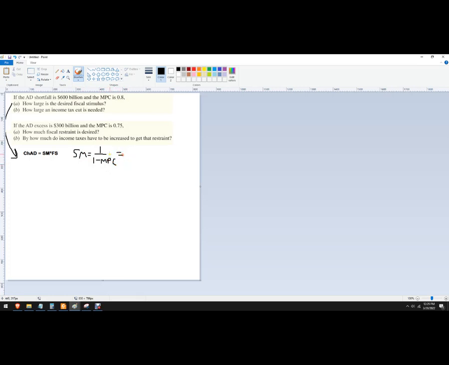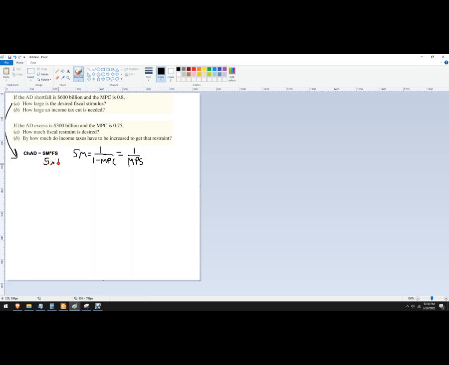But since the MPS is 1 minus the MPC, the way to think about this on your test is that the spending multiplier is 1 over the MPS, much easier to remember. So in this first problem it's 1 over 0.2, which is 5. Okay, so our spending multiplier is 5.